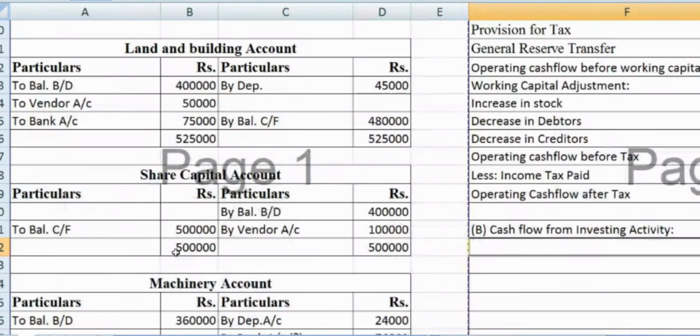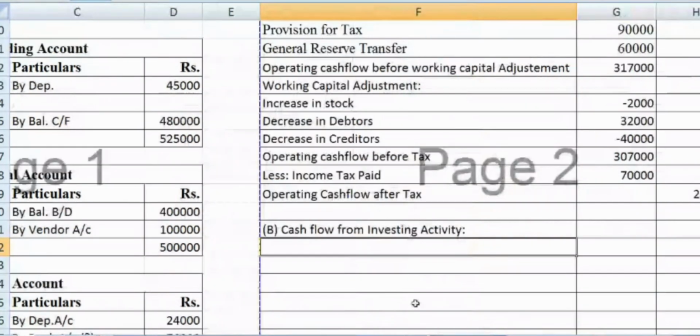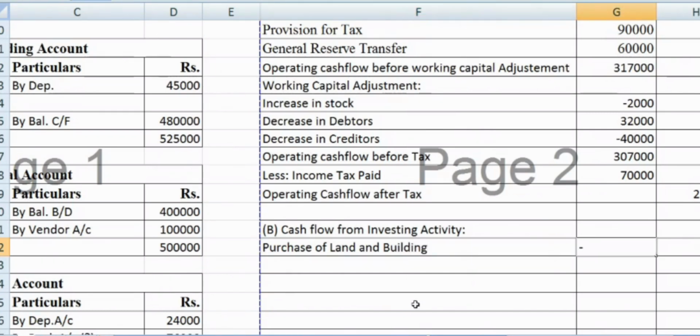This side if you say, then in land and building there is a bank 75,000 you purchase of land and building. So here we write purchase of land and building, amount is minus 75,000.